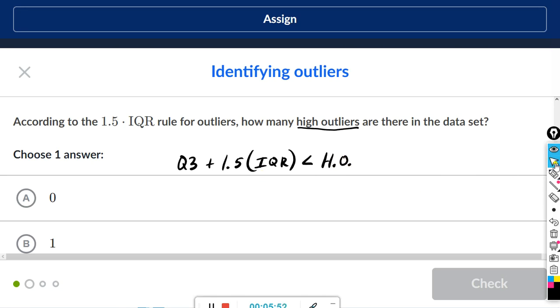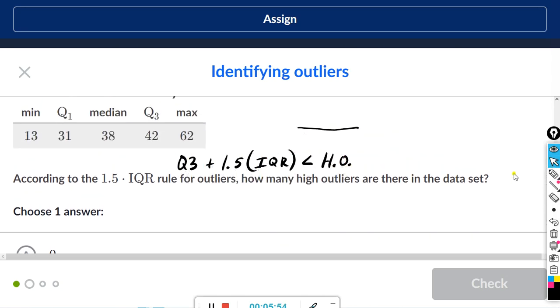Let's look at our chart here. For Q3, we have 42, plus 1.5 times IQR.